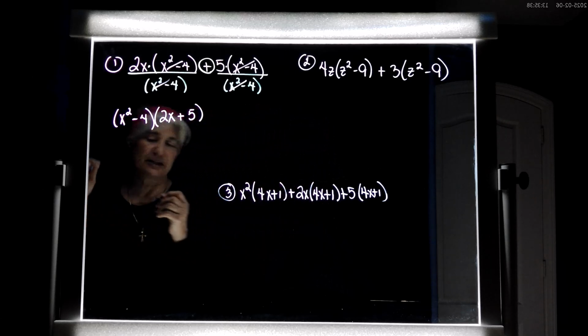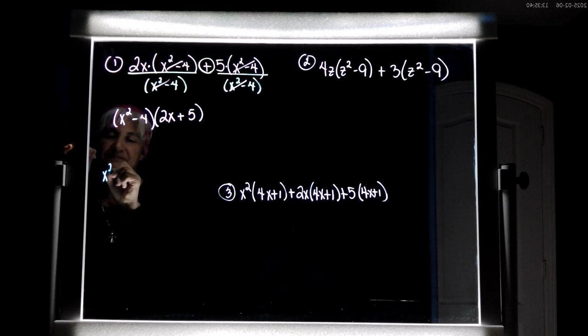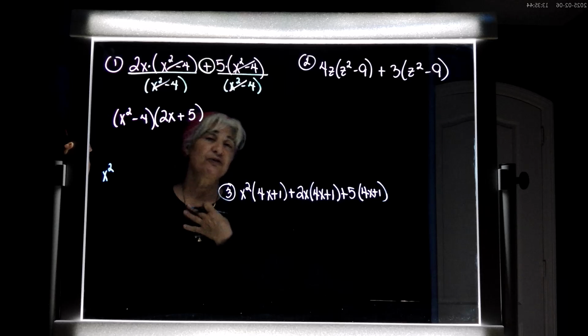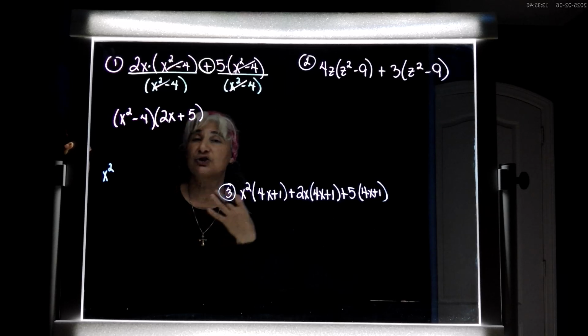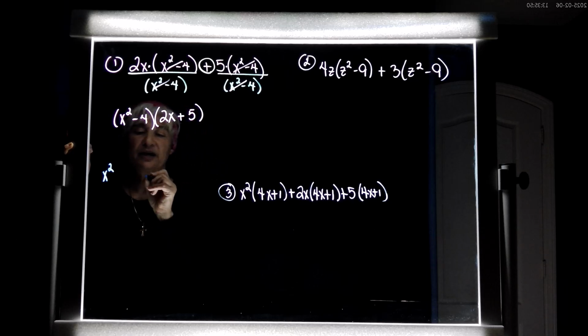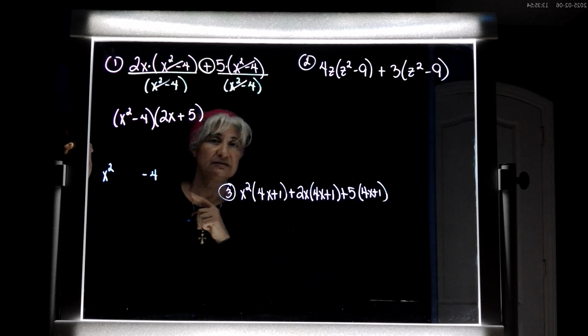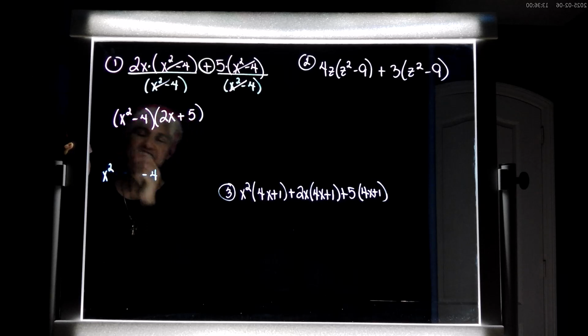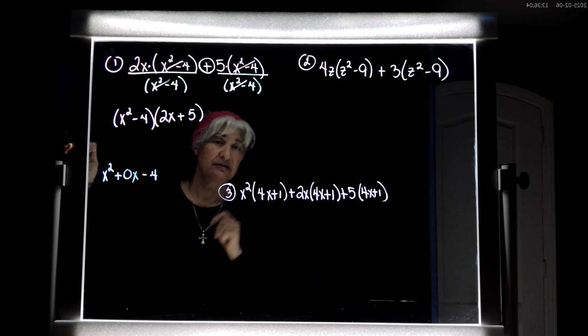So, time to do some side work. Now, remember what I mentioned before. When we first learned to factor, we learned to factor trinomials. So, we have an x squared and we have a minus 4. Technically, descending order means there's an x in the middle, right? Do you see any x's in the middle? Neither do I, so technically that's 0x.